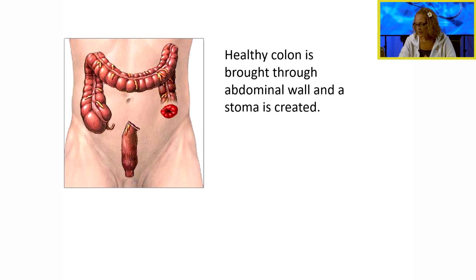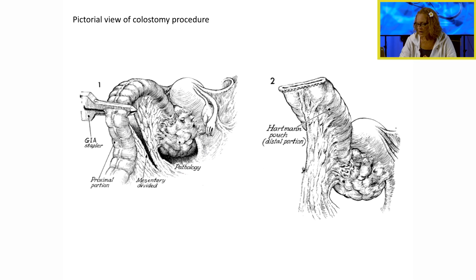And here we can see the next step where that healthy colon is brought out through the abdominal wall and a stoma is created on the outside of the body. Oftentimes, there will be a Hartmann's pouch, which is the distal portion of the large bowel that is left or remains intact. Okay, so this is a pictorial view of the procedure.